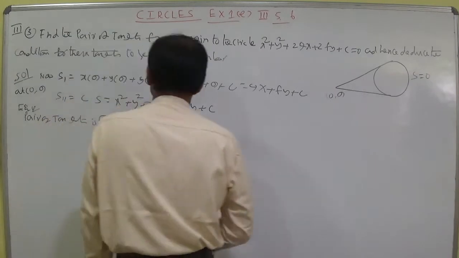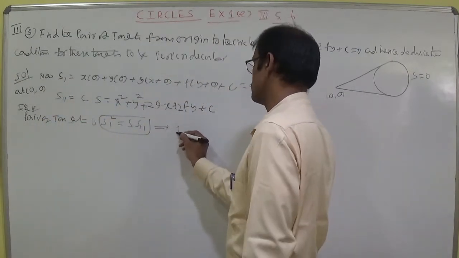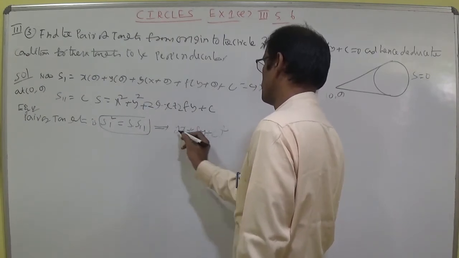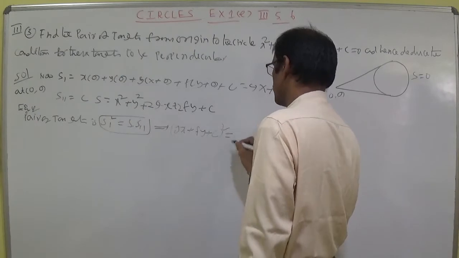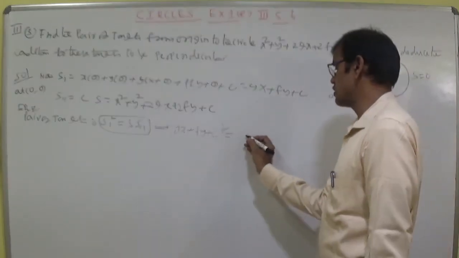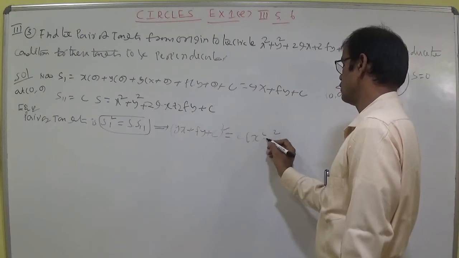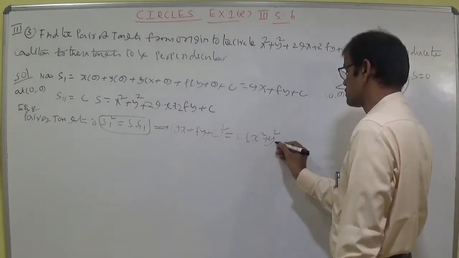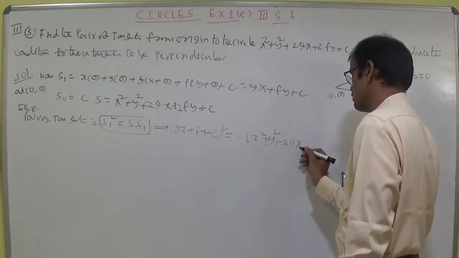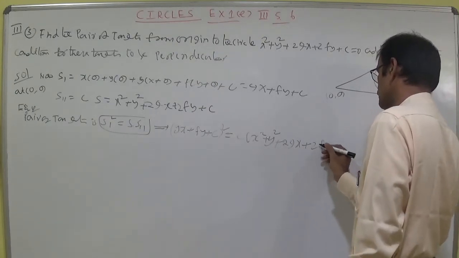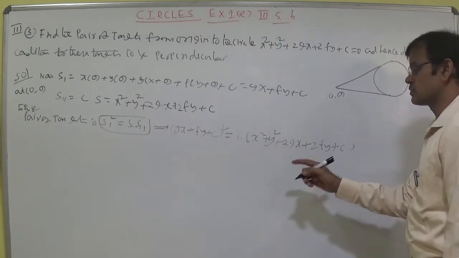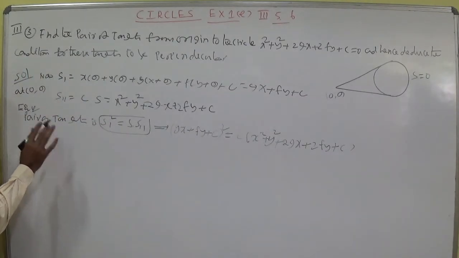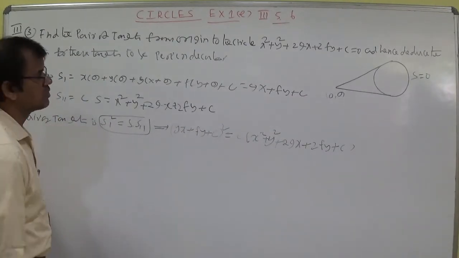That implies S1 square here is gx plus fy plus c whole square, equal to c into S, that is x square plus y square plus 2gx plus 2fy plus c. That's all. This is the pair of tangents equation.